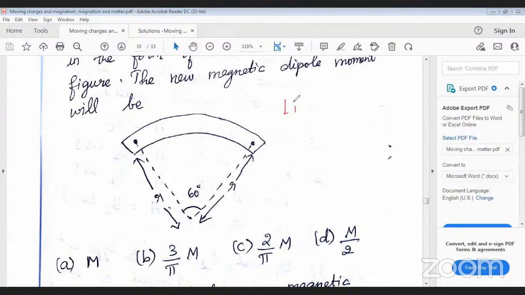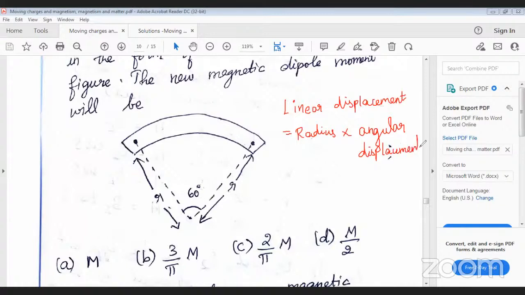So linear displacement equal to radius into angular displacement. This is the formula. Linear displacement equal to radius into angular displacement.